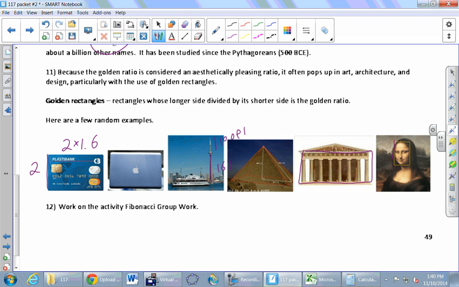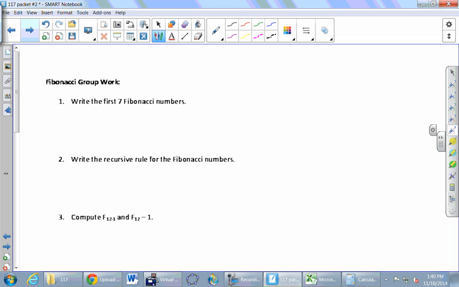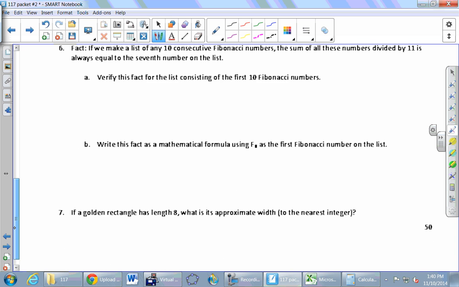Same thing here. This one seems a little bit like hocus pocus to me, because I could draw any rectangle around the Mona Lisa, and I don't know if there's anything natural about that particular one, but that one anyway is a golden rectangle. Okay. So on the next page, Fibonacci group work, see how far you can get.